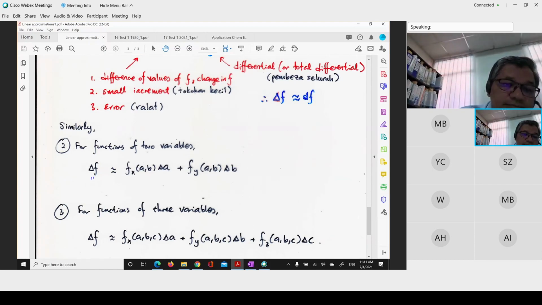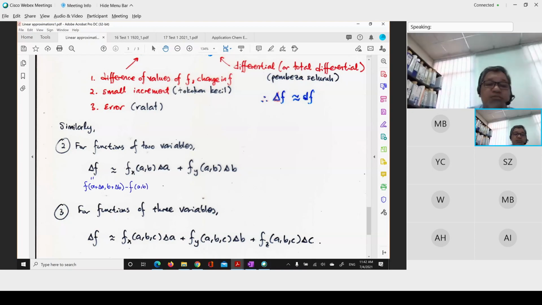It is the difference between F of (A plus delta A, B plus delta B) minus F of (A, B).